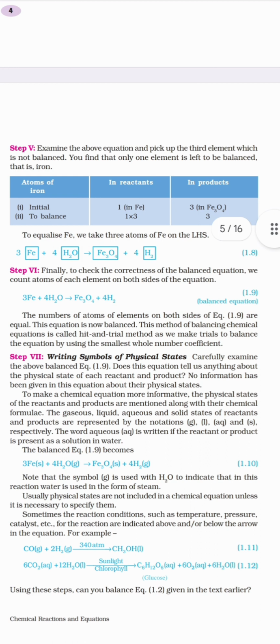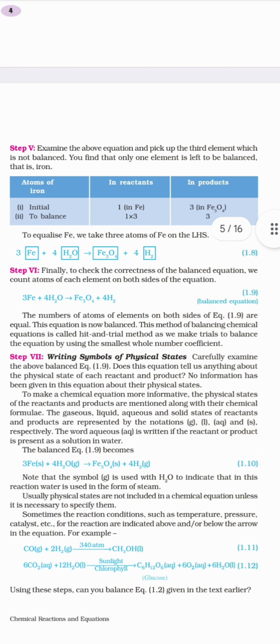Normally we see iron in solid form only, so we have to denote gas, liquid or solid by G, L and S. The word equation is written if the reactant or product is present in solution. Like H2O, it is present in gas form. Fe2O3 is present in solid. So we have to mention the state of the compounds.